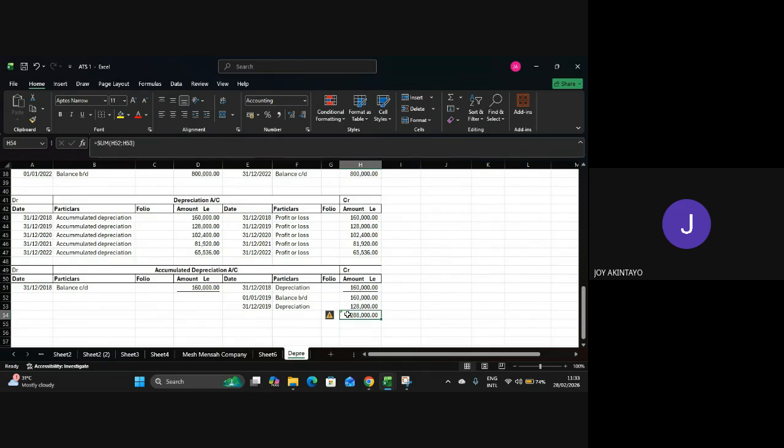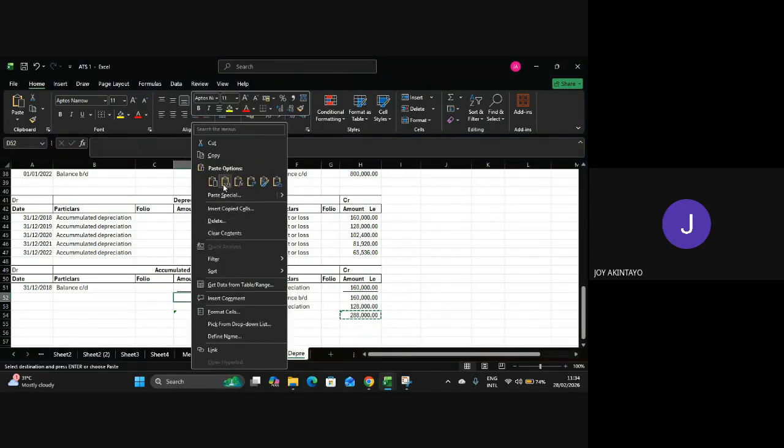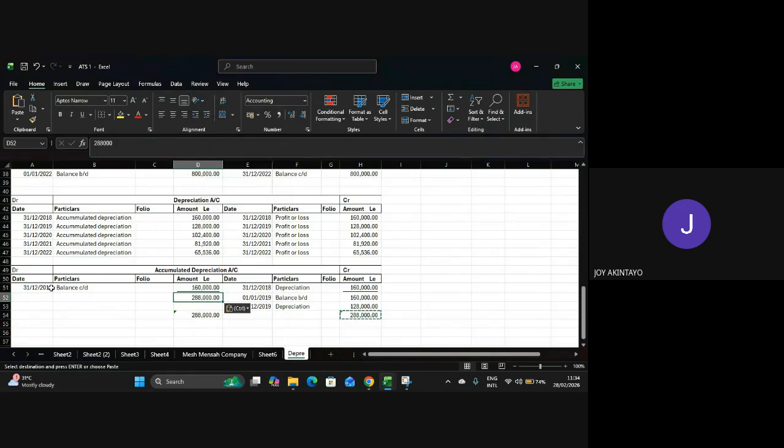Your balance carry down will be here. And add together. So you close your account.